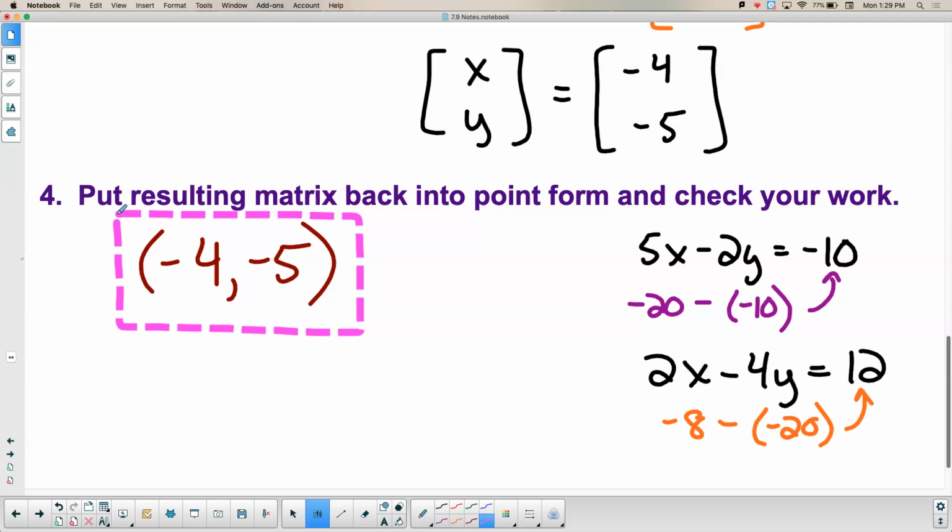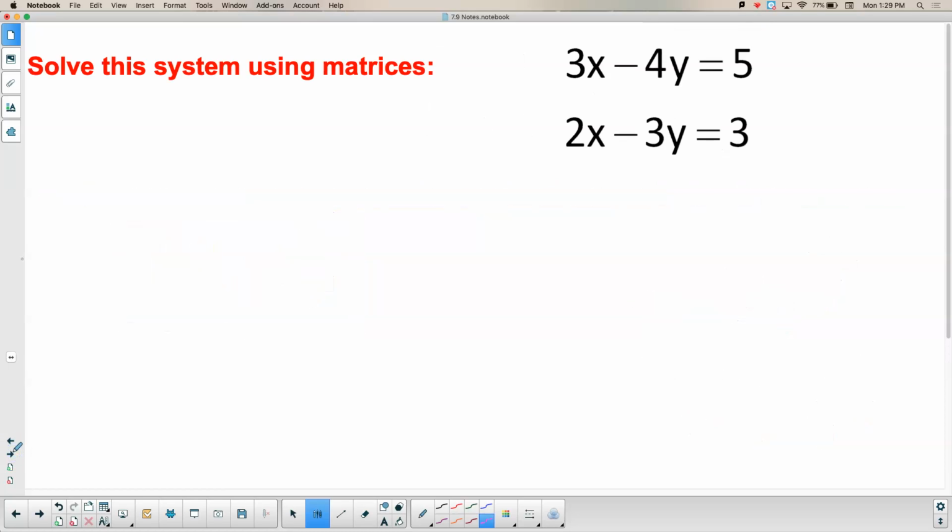Alright? What I'd like you to do now is utilize those skills to try and solve this system of equations using matrices.